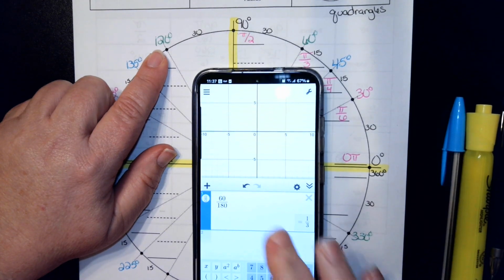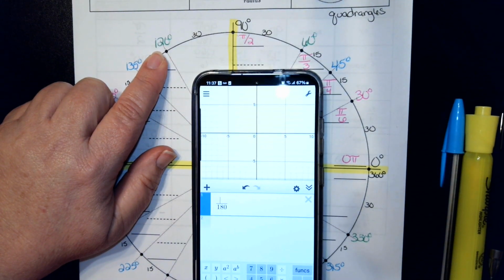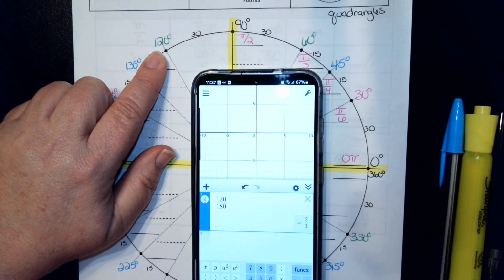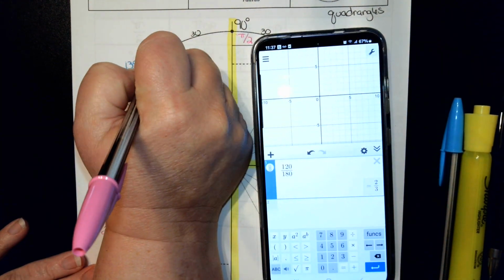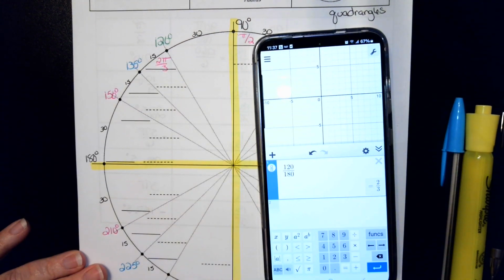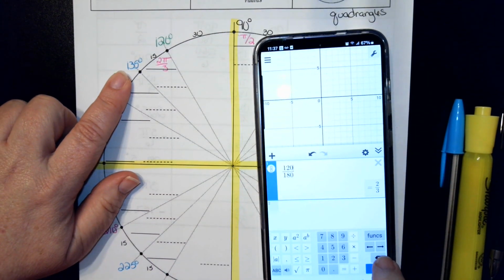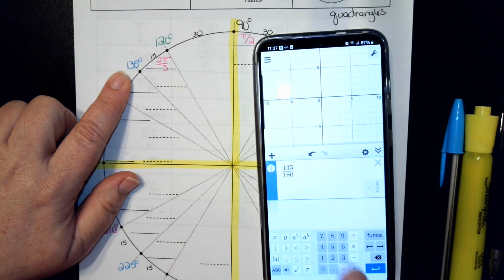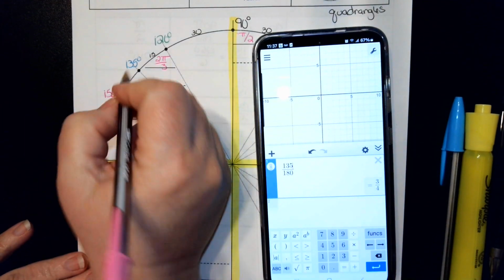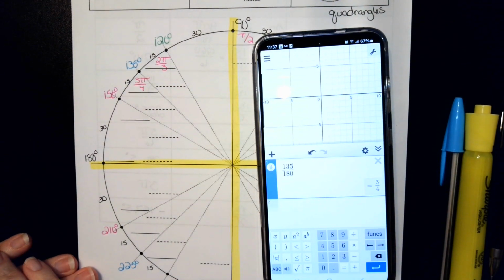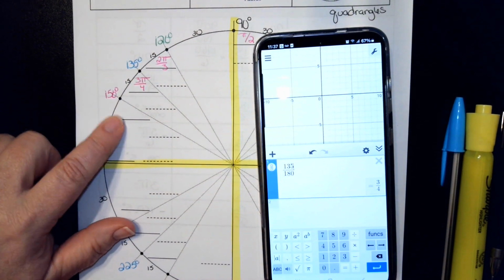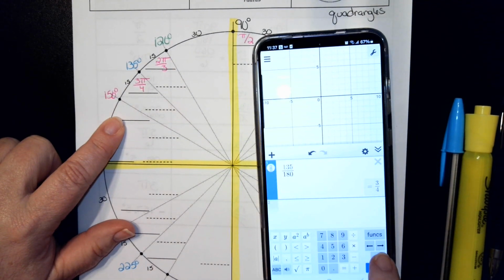Now we've got 120. So coming here, just changing out my numerator. 120 divided by 180, we get 2/3. So this is going to be 2 pi over 3. 135, so let's change that numerator to 135. We get 3/4. So this is 3 pi over 4. 150, so let's change that numerator to a 150.